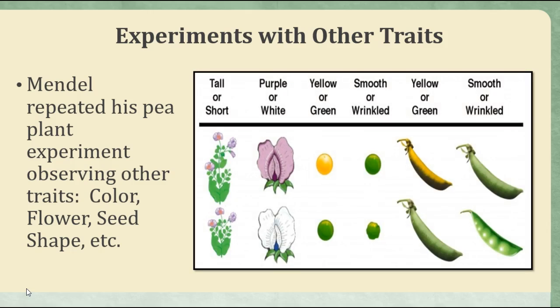And some examples are purple or white flowers, yellow or green seeds, smooth or wrinkled seeds, yellow or green pods, and smooth or wrinkled pods. So he looked at numerous traits in pea plants, not just height, and his results were the same.